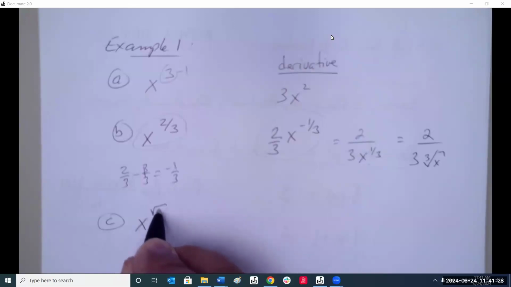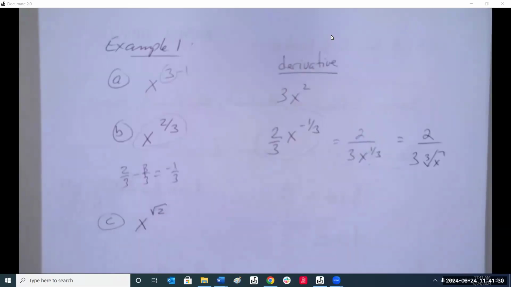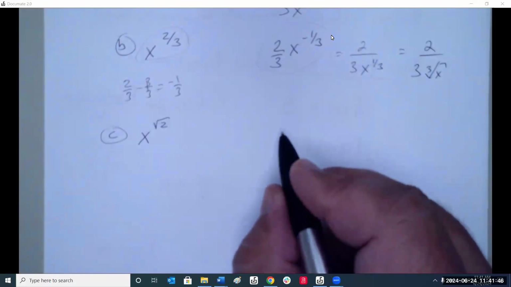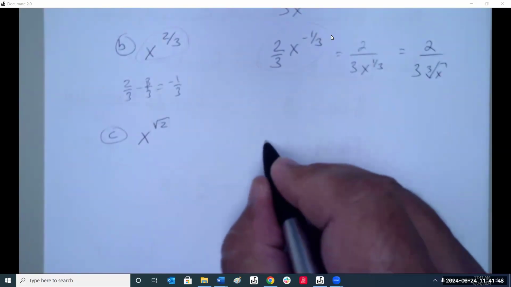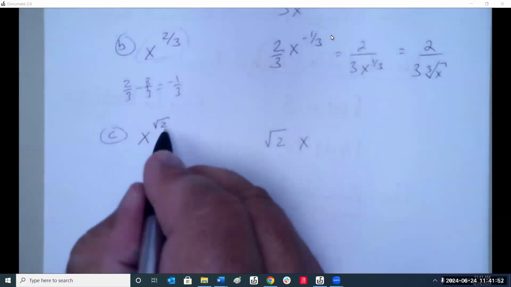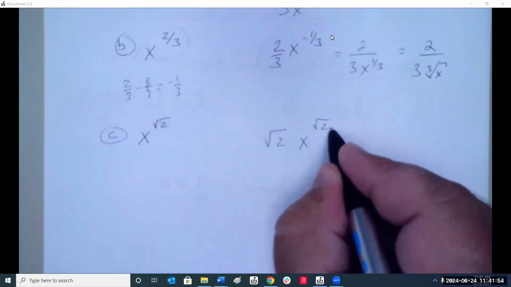X to the power square root of 2. The derivative. So it'd be square root 2 x, or square root 2 then x. So, yeah, bring the power down and then subtract 1.